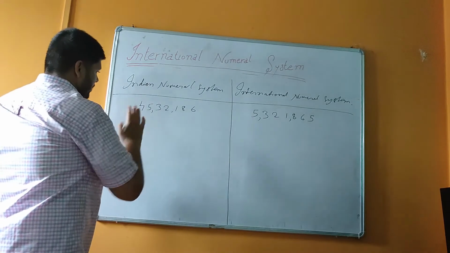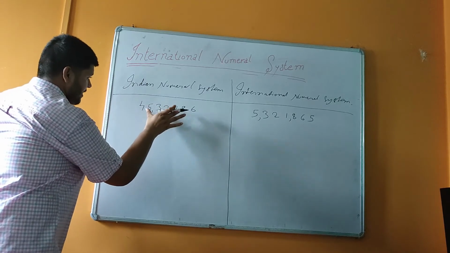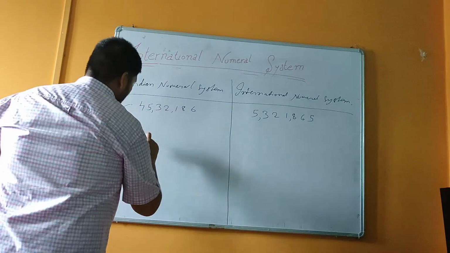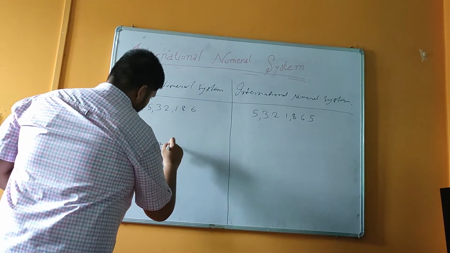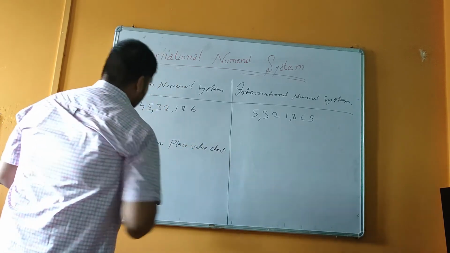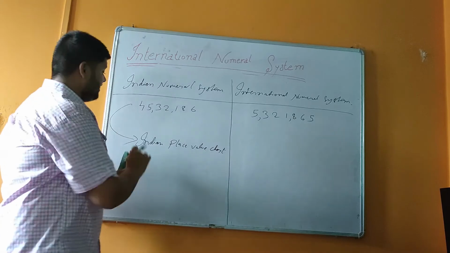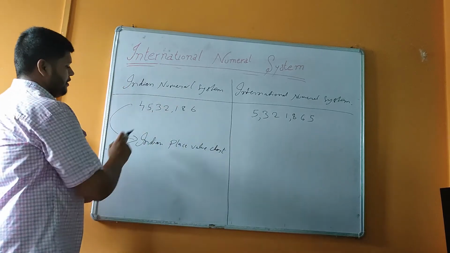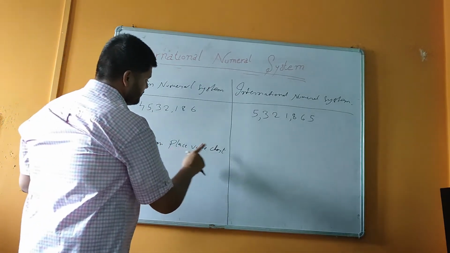Now, the process we have studied is that if we want to transform this number, the Indian numeral system, into words, then you have to follow one table, that is the Indian place value chart.